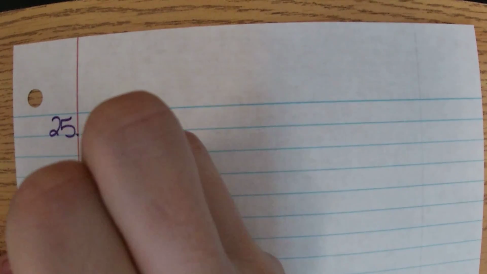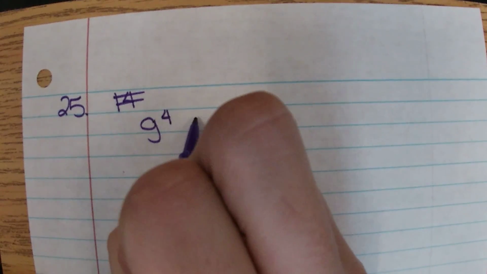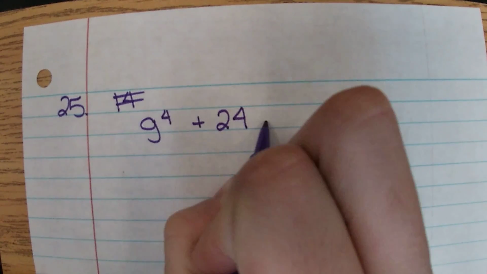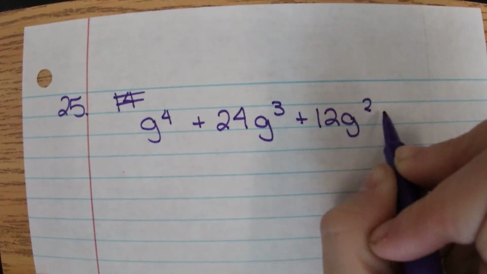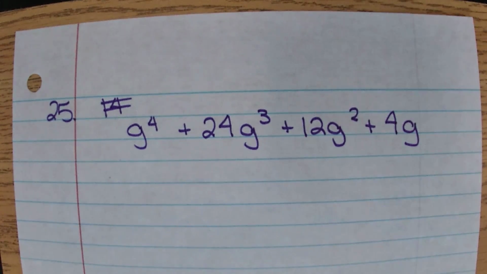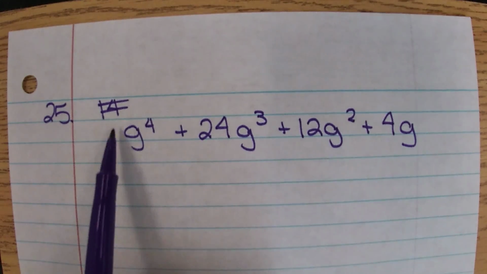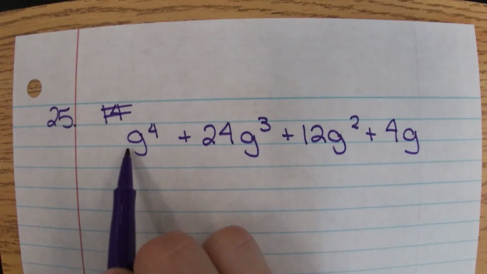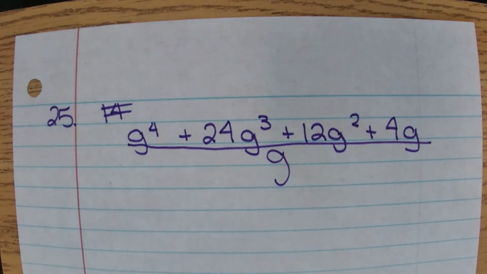Okay, then finally number 26. We have 4, oops, nope, that's the wrong problem. 26, sorry, says g to the fourth plus 24g to the third plus 12g squared plus 4g. Okay, 1, 24, 12, and 4. Nothing we can pull out there because of this 1 over here. They do all have the variable though, so our smallest exponent is g.